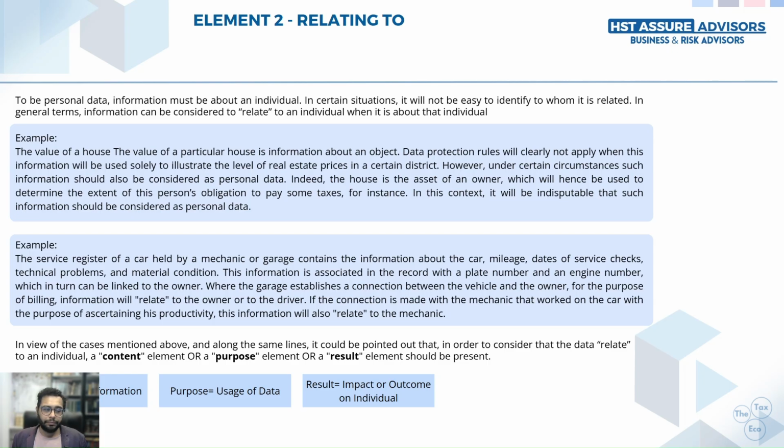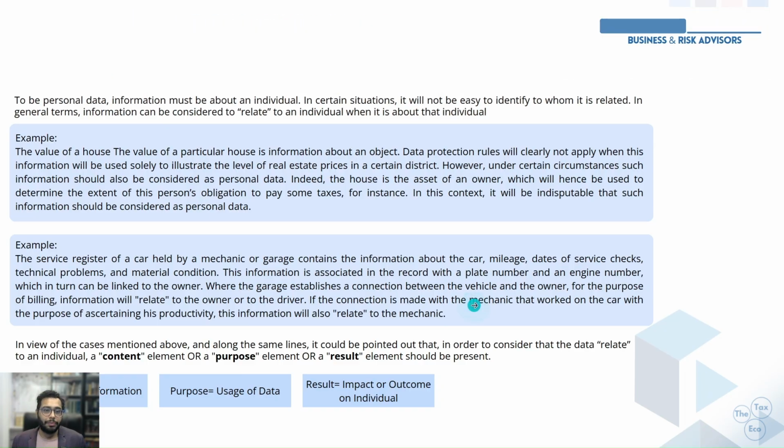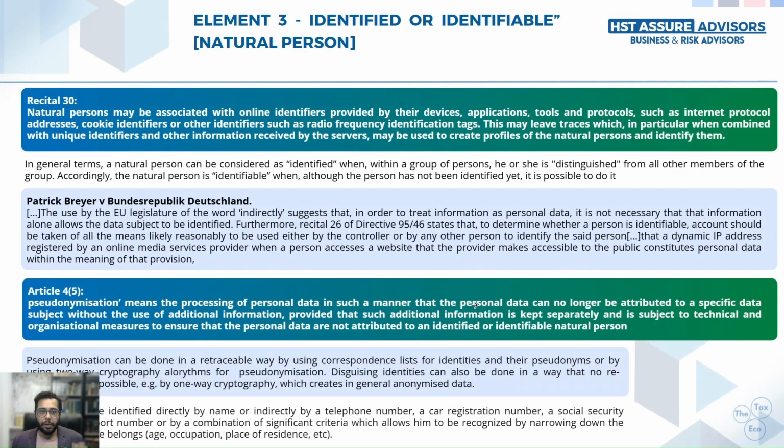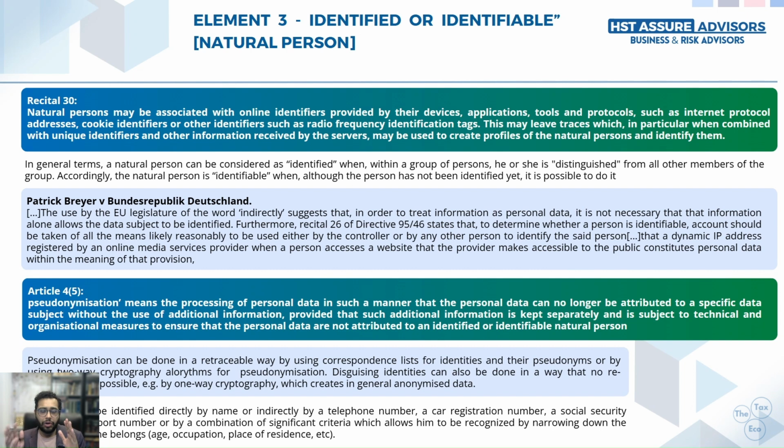Now let us go to our third element, that is an identified or identifiable natural person. Whether it is identified or identifiable, the important part here is identifiable, the suffix "able".